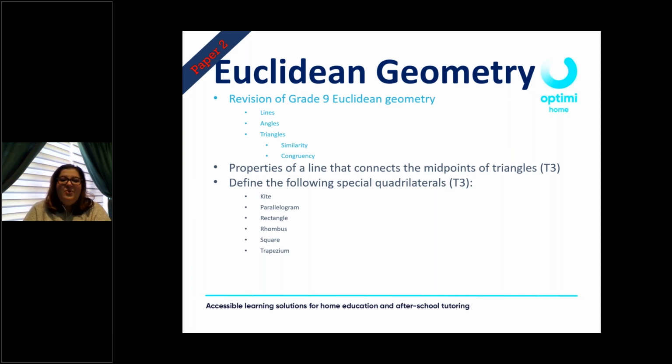As I mentioned, we will just look at the revision of grade 9 Euclidean geometry. So for today, I thought it well to take a grade 9 final examination paper, so the November paper, and see how this Euclidean geometry was asked. Why have I done this? Now, it is not only the theory that you need to know. You need to know how to apply these laws and rules of Euclidean geometry that you need to revise.